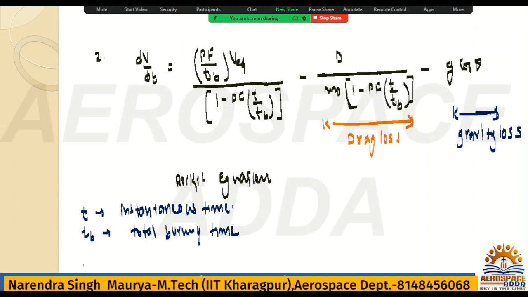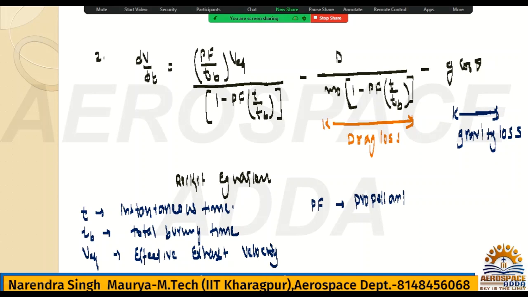This is the effective exhaust velocity. Somewhere you may get it here, it is PF, right? PF is called propellant mass fraction.